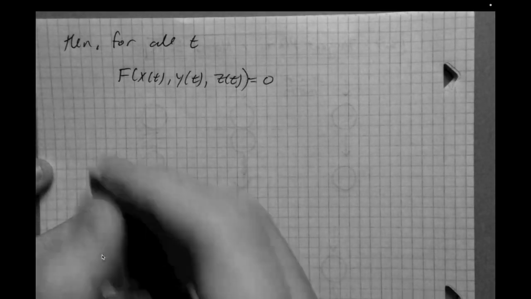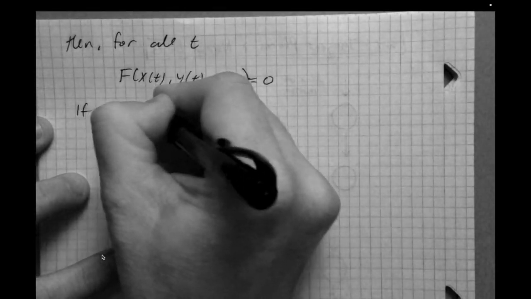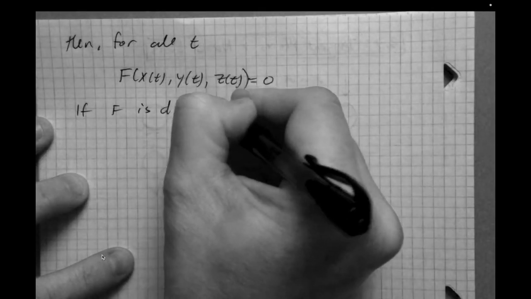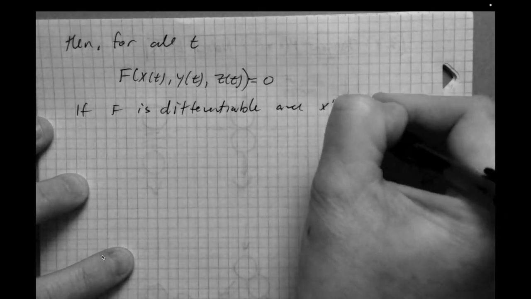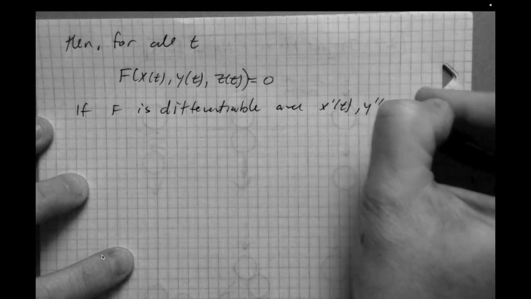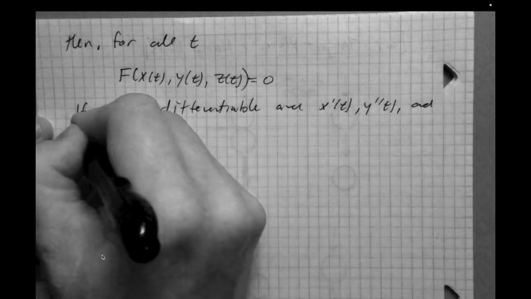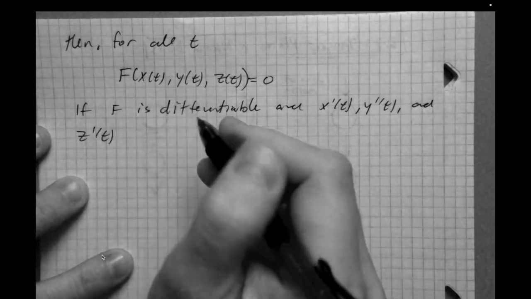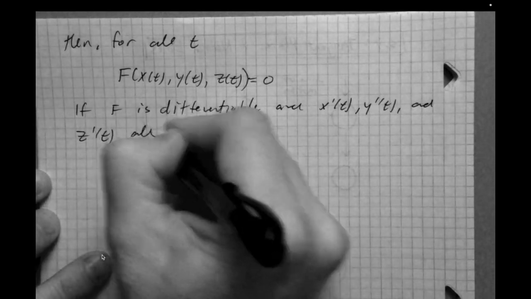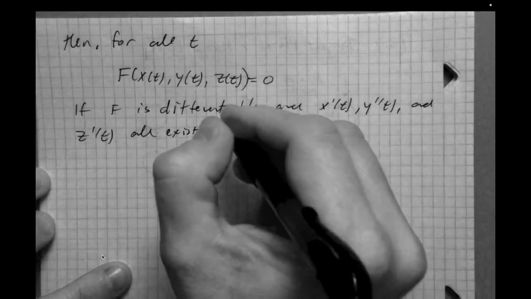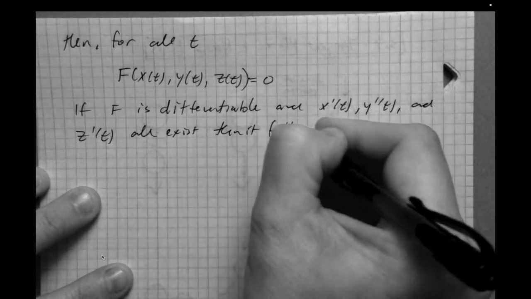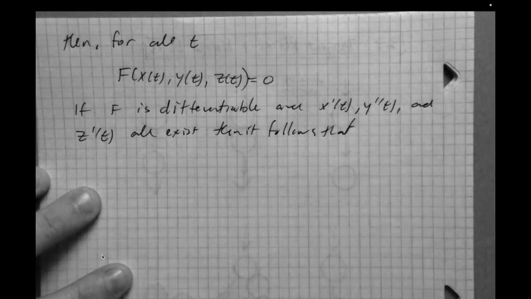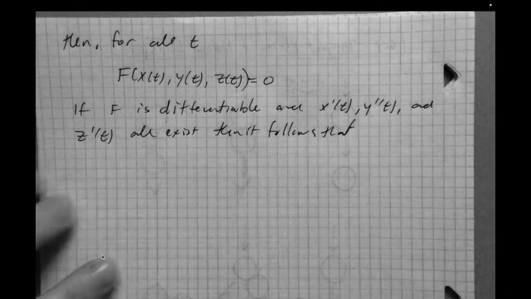If f is differentiable, and x prime of t, y prime of t, and z prime of t all exist, then it follows, and this is basically the chain rule.